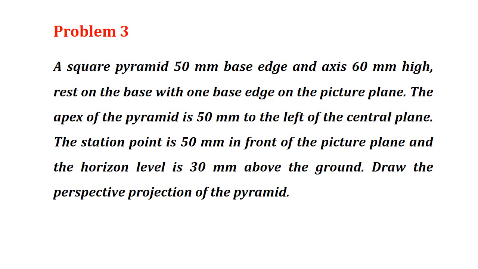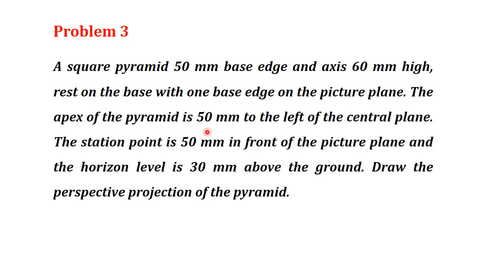In the previous problem we considered a prism and all of the prism was behind PP. Now consider a pyramid and one edge of the pyramid is on PP. Let me read the question first. A square pyramid, 50 mm base edge and axis 60 mm, rests on the base with one base edge on the picture plane.